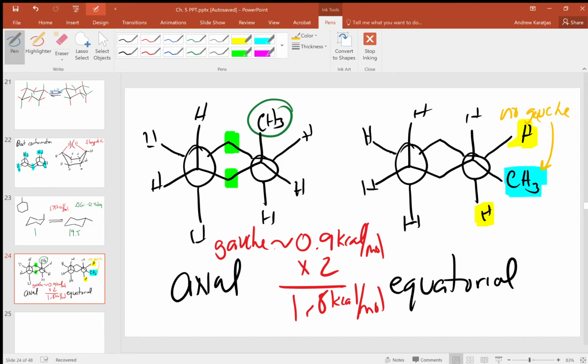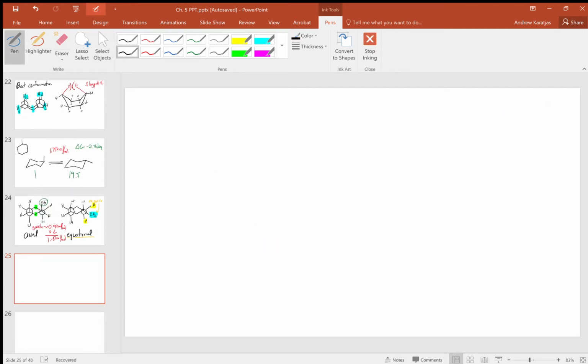So in general, for most substituents, because of these types of interactions, it's much more favorable for a substituent to be equatorial than to be axial. And as the group gets larger, that energy difference increases.